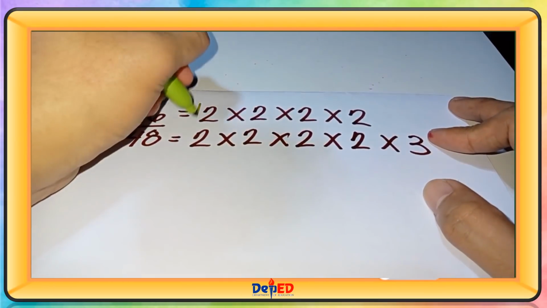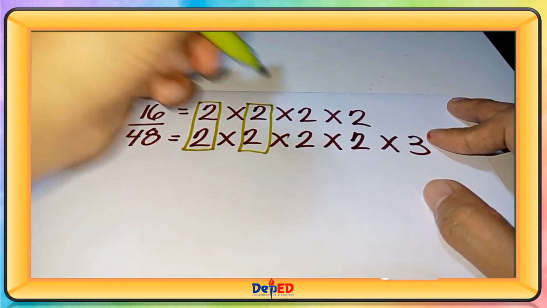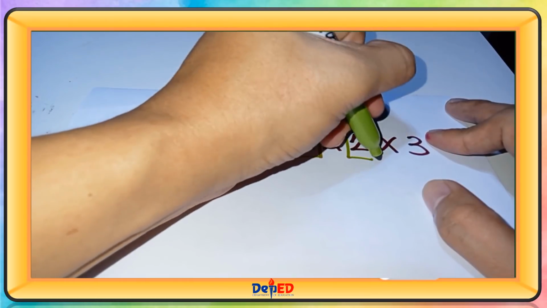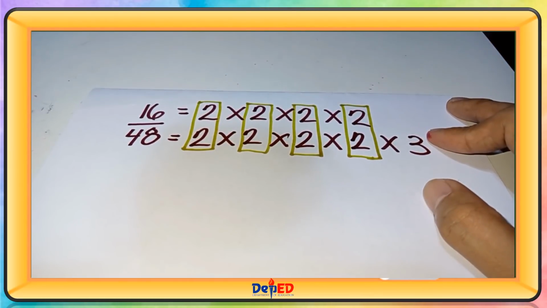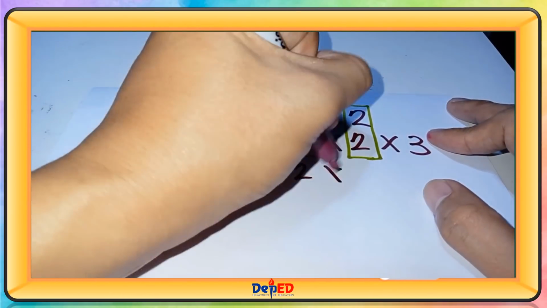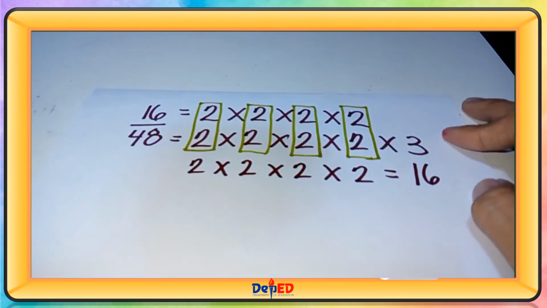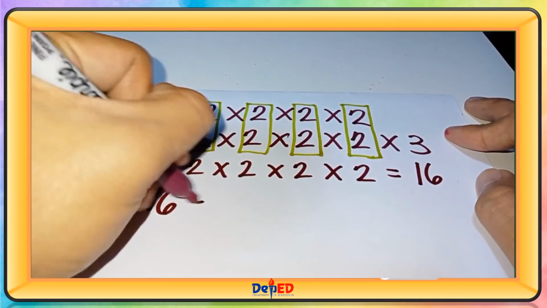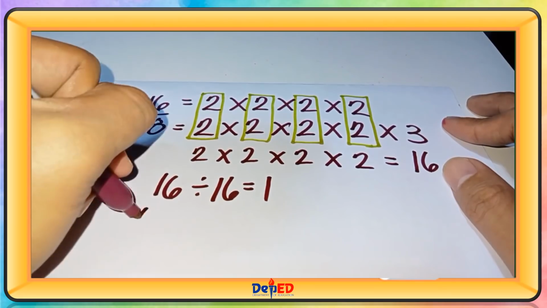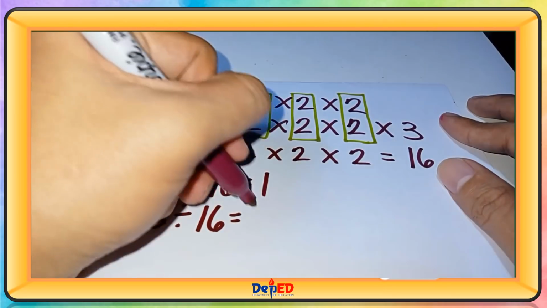We have 4 common factors, which are all number 2. 2 times 2 times 2 times 2 equals 16. 16 divided by 16 equals 1. 48 divided by 16 equals 3.